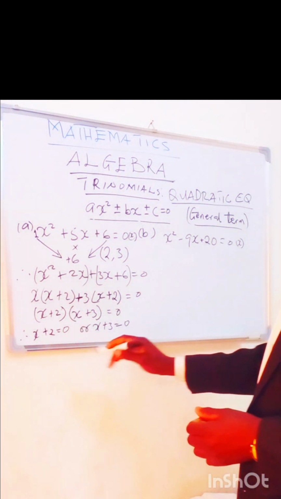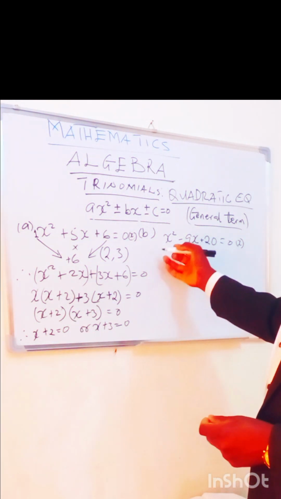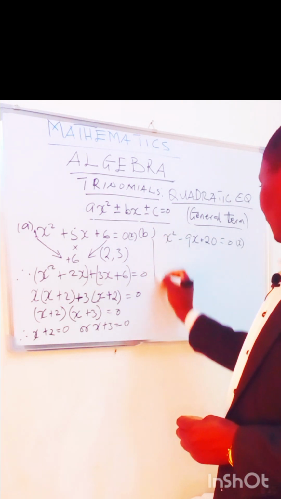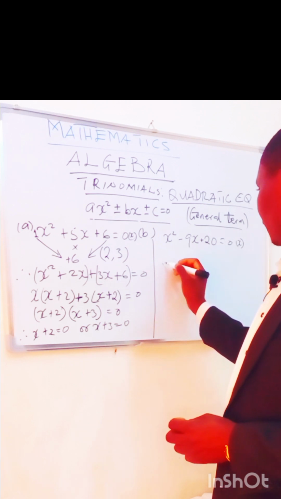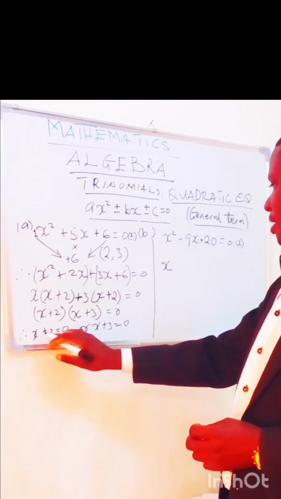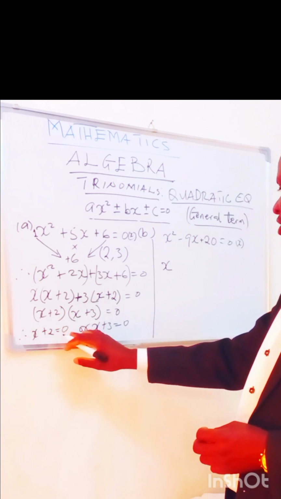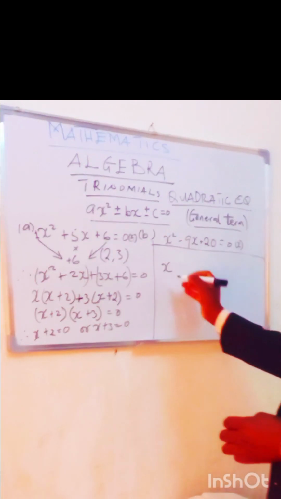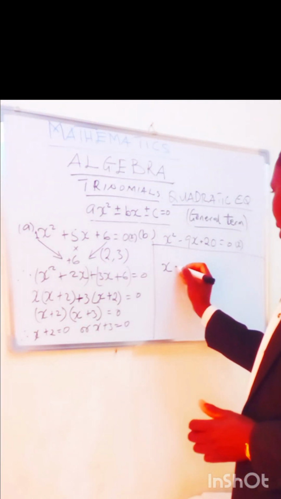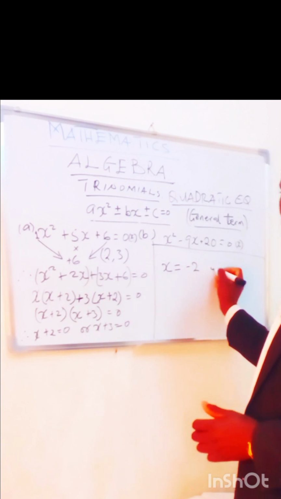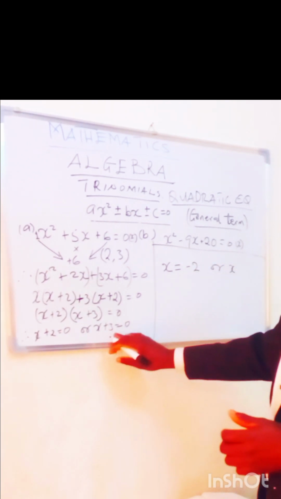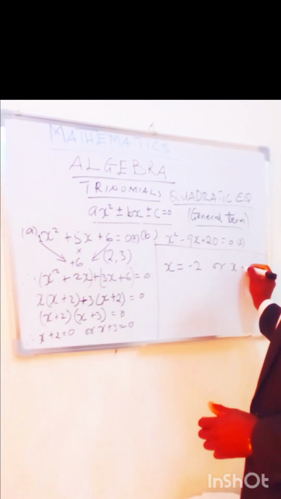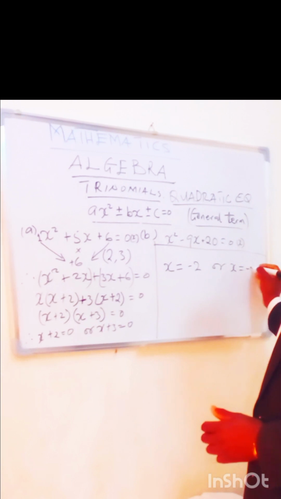In this case, the 2 crosses the equal sign and changes the sign, so it becomes negative. So x equals to minus 2, or x, also 3 crosses the equal sign, it changes the sign to be negative as well, equals to minus 3.